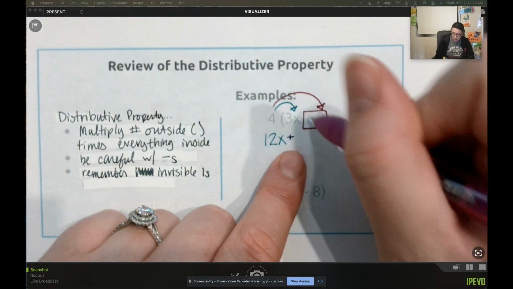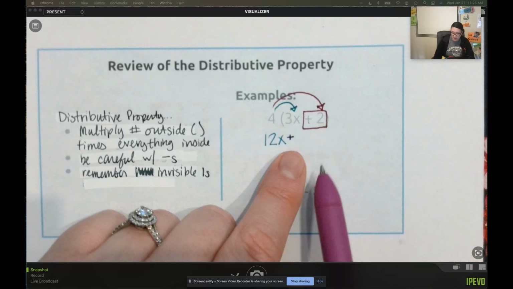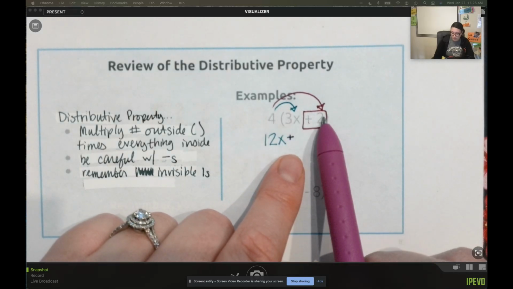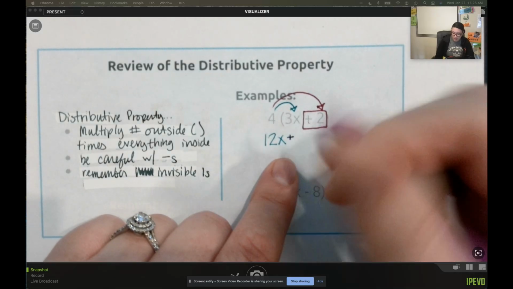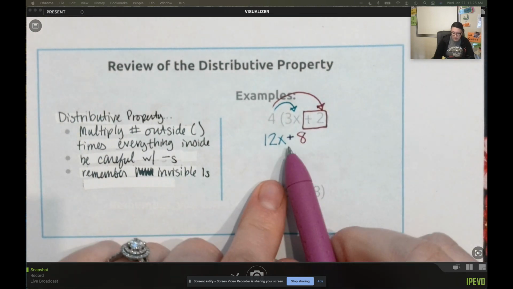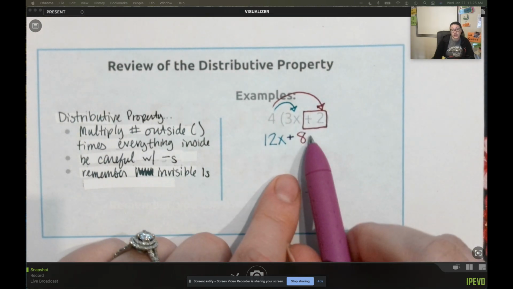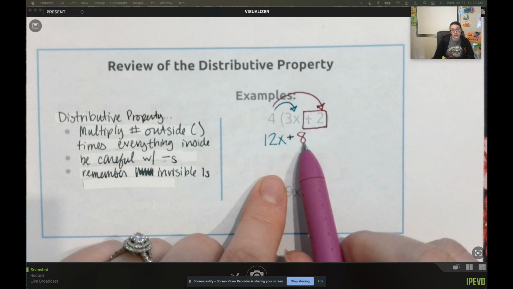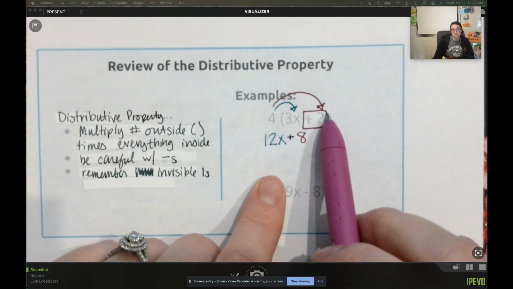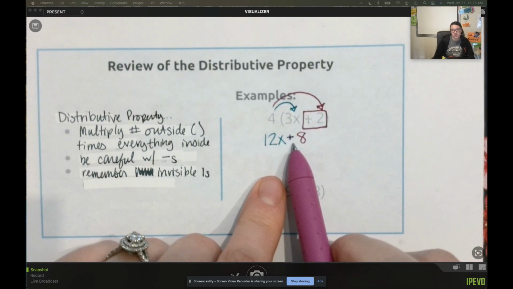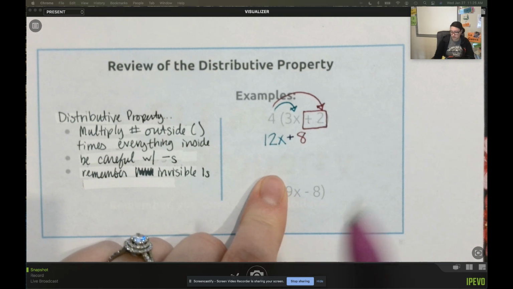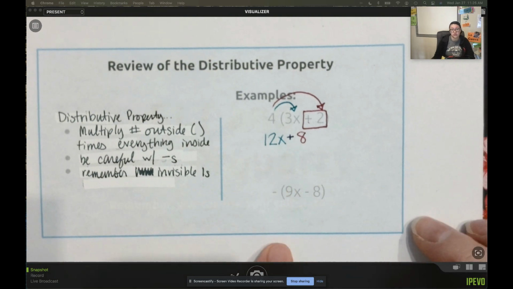Remember, that's a positive in front that needs to go with that 2. So 4 times a positive 2 gives me a positive 8. And that's why we're adding. If this was a negative number, we would be subtracting. But because when I multiply, I get a positive number, that means I'm going to add. And that's the distributive property.